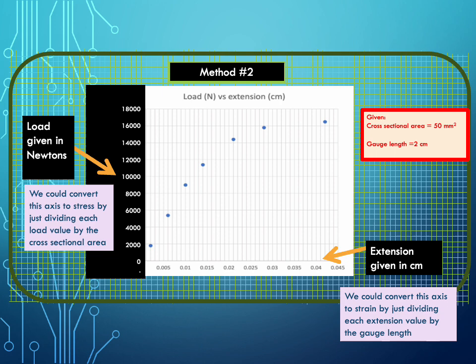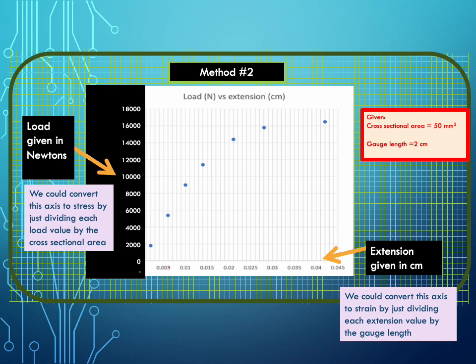All right? And we know that when the load is, for example, 2,000 newtons, the stress is 2,000 divided by the cross-sectional area, which is 50 megapascals.